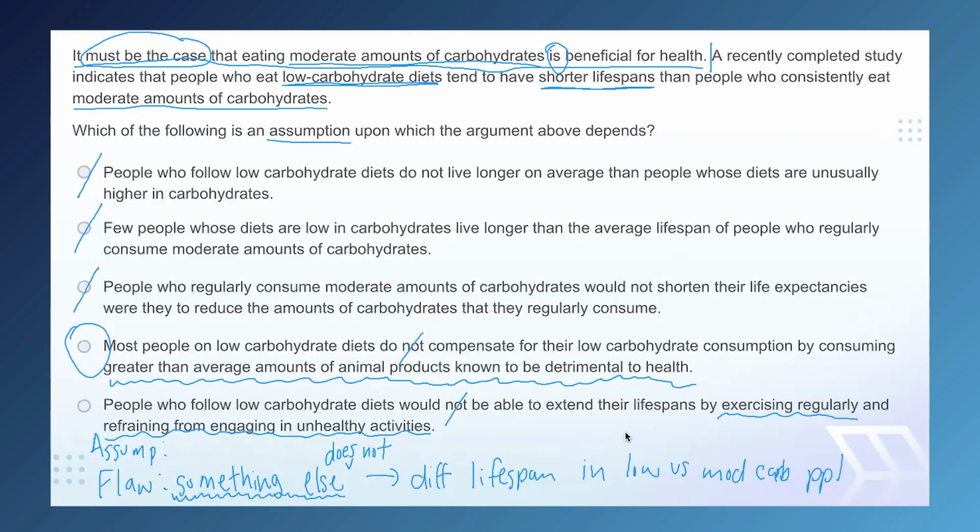Now, if this answer choice were centered around the flaw that people who follow low carbohydrate diets do not exercise regularly and engage frequently in unhealthy activities, this would be great because it presents a something else that could cause that difference in lifespan. But that's not what this is doing. This is presenting something that could happen, that could fix that difference in lifespan. This is not what we're trying to do. So kind of a confusing one, but does not match our prediction.